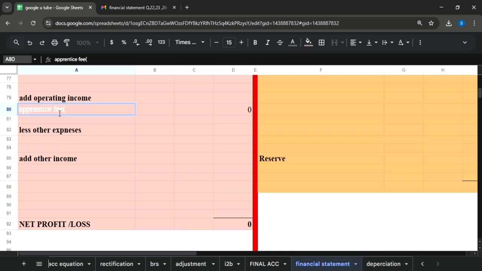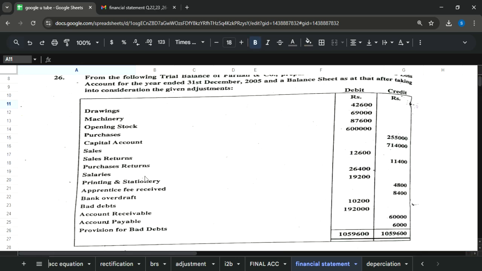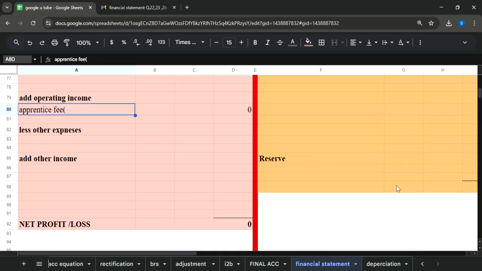So here first we will see how much amount of apprentice fees is, and this is 4800, though there is a huge distance between amount and narration, but I hope it's 4800. So here 4800, and it is said to divide it into 4 years, so multiply by 1 divided by 4.